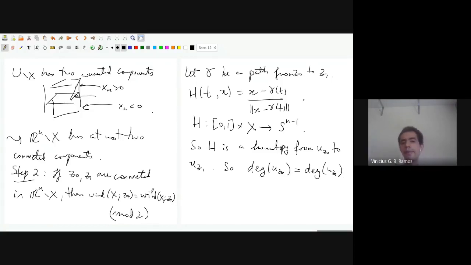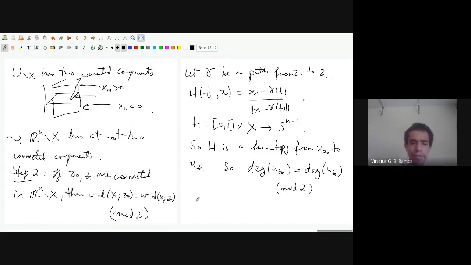And I'm doing this in Z mod 2, so this is the degree mod 2. It's exactly the same thing. I didn't quite say it when I was doing the calculation for the degree, I think.